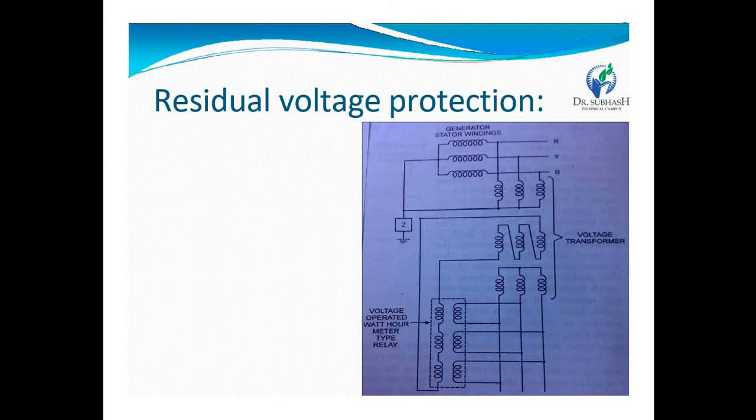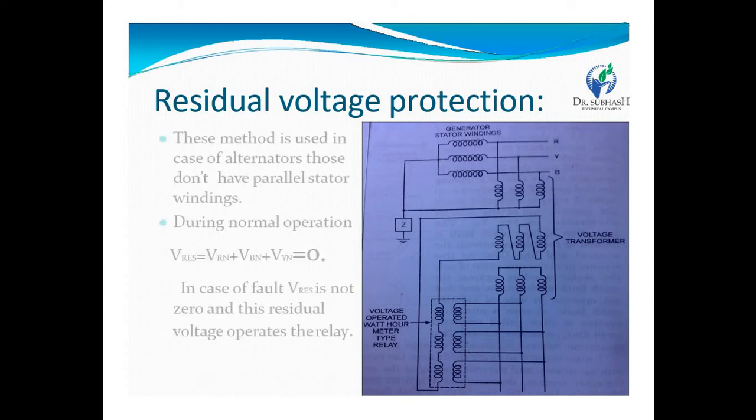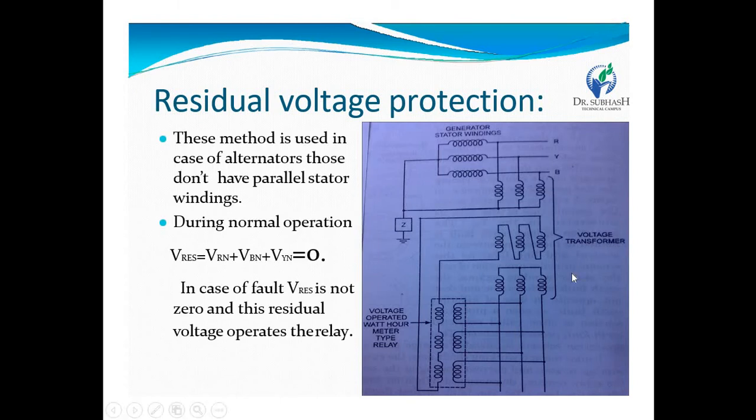Residual voltage protection. This is the second scheme that we apply for interturn faults, where a voltage transformer is applied. This method is used where there is no parallel stator winding. In normal operation, the voltages are equal to the phase to neutral voltages VRN, VYN and VBN, and the summation of that is 0.